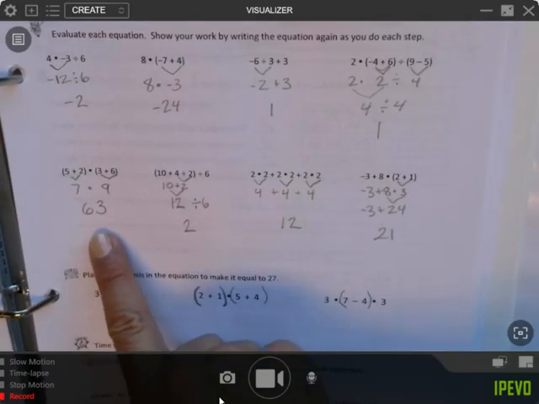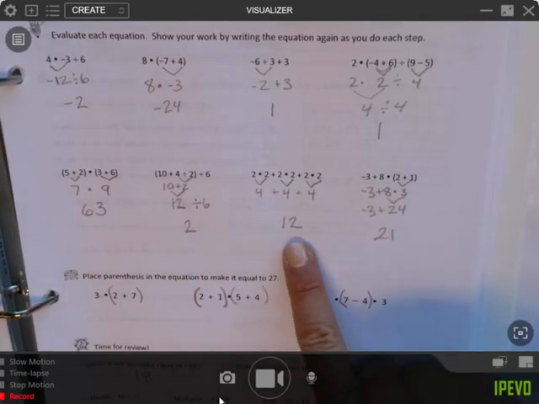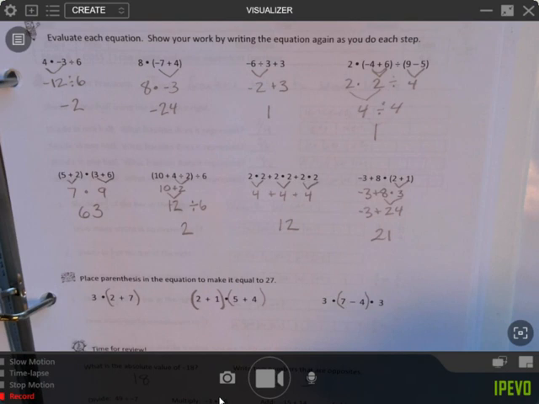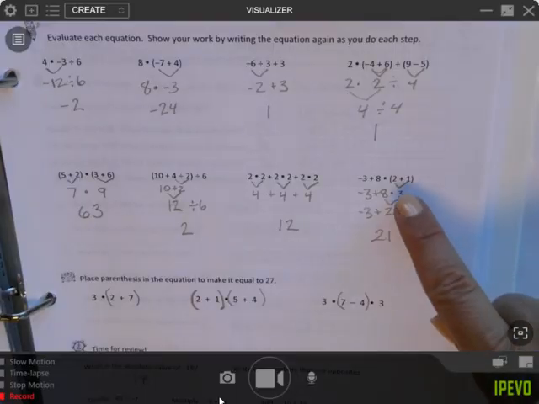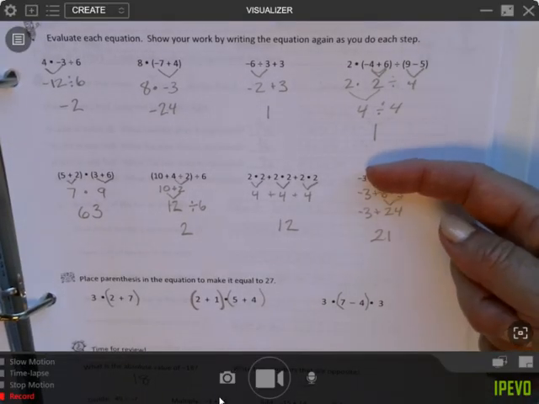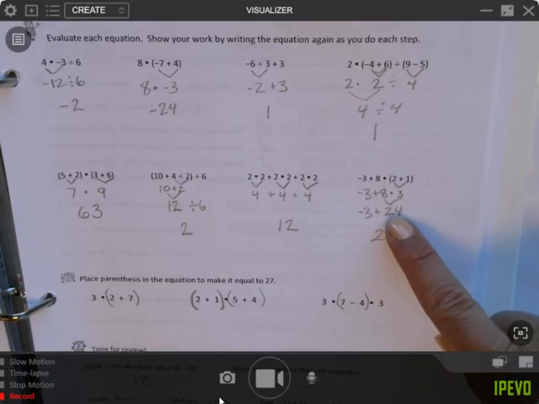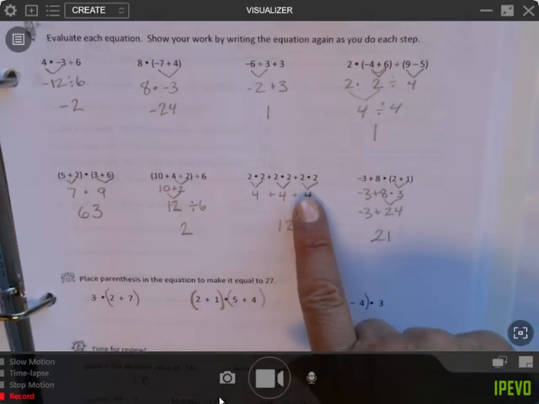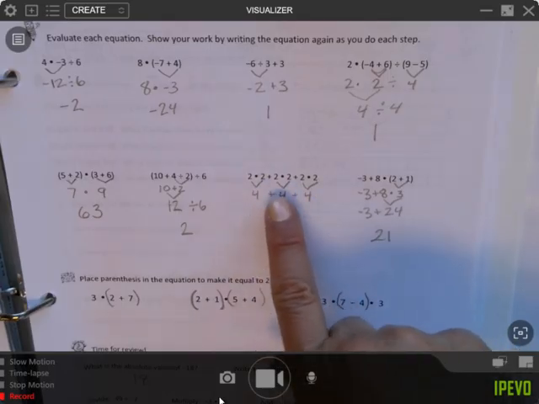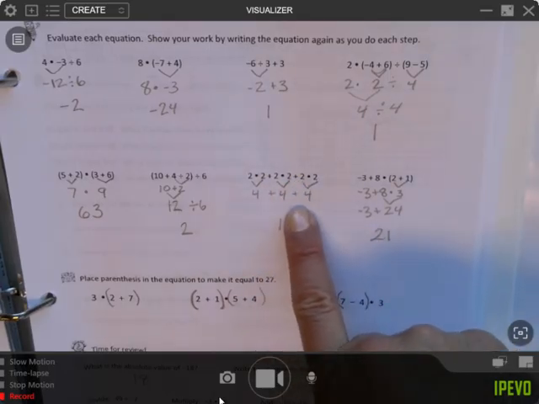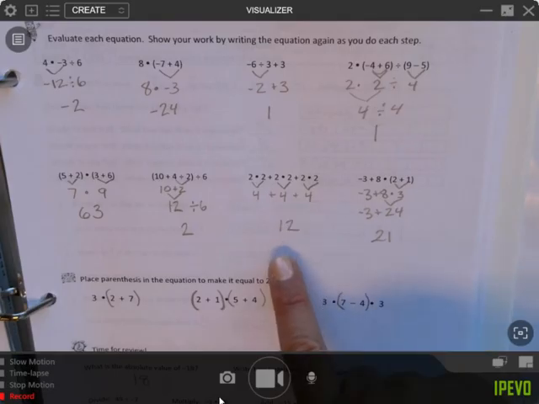Then we have 63, 2, 12, and 21. Any questions on those? Remembering we do inside the parentheses, bring everything down, then we do the math. This one I know I had a few people ask me about. You do your multiplying, then you bring down the rest of your expression, and then do that math.